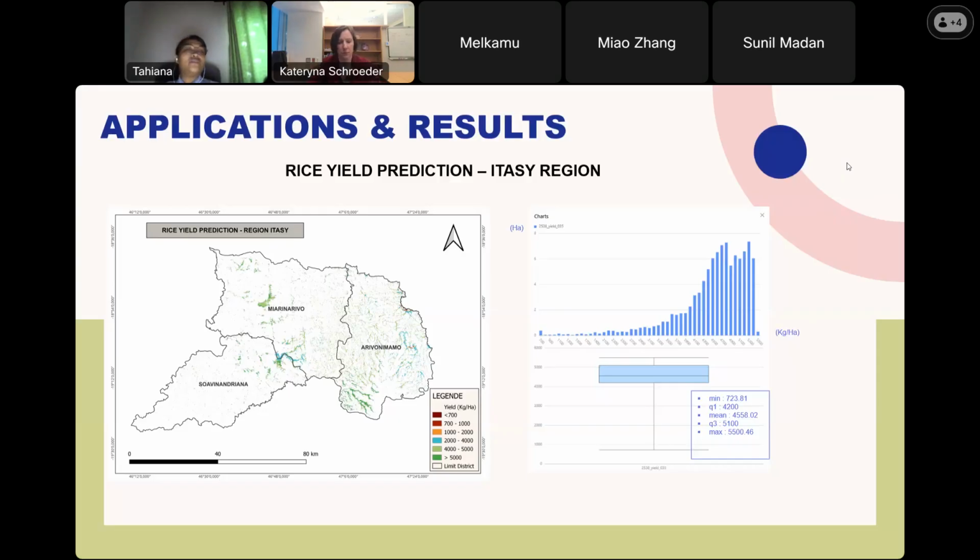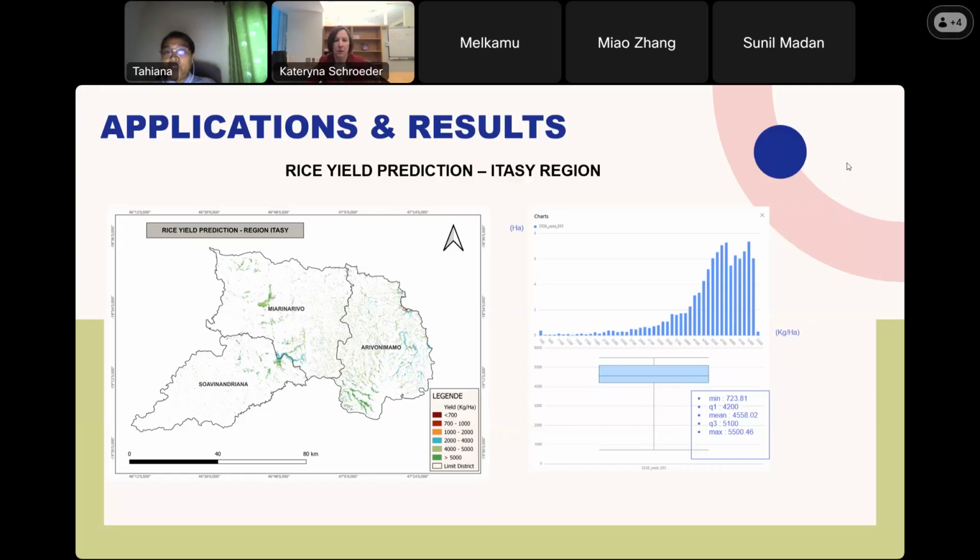The CropWatch platform does yield prediction, so we used it for Itasy, compared the result from CropWatch with the real data, and the results are a little bit the same, so it's very interesting.